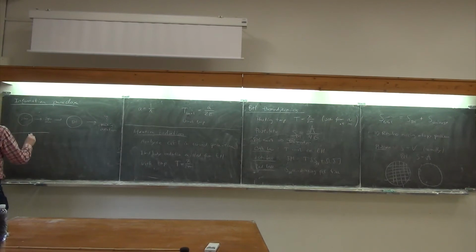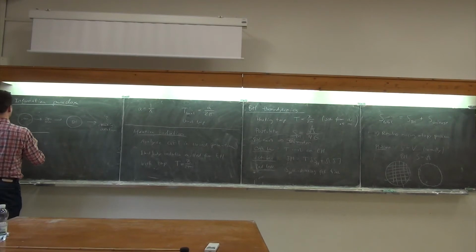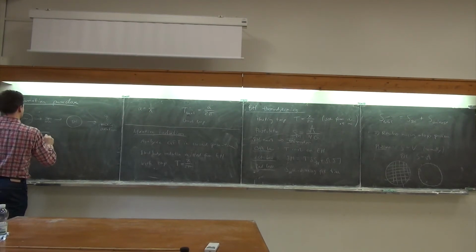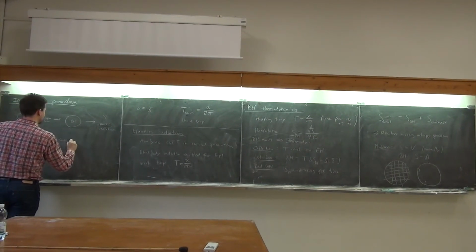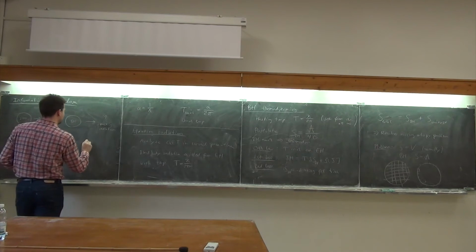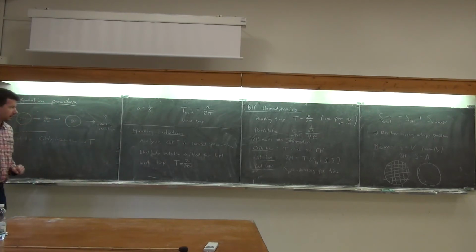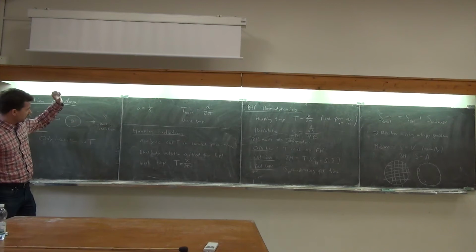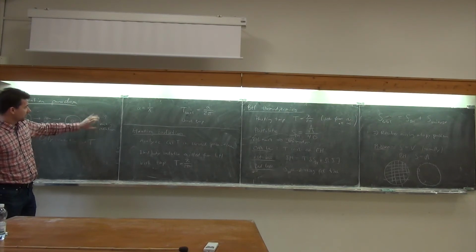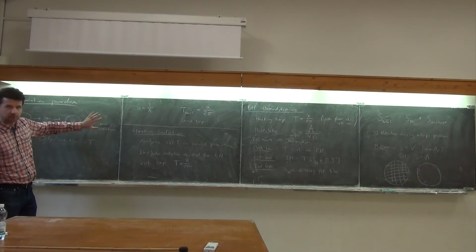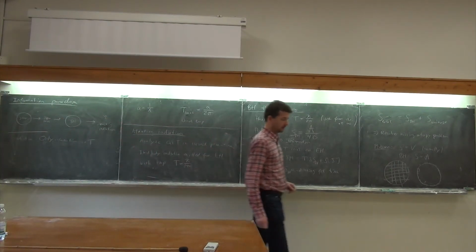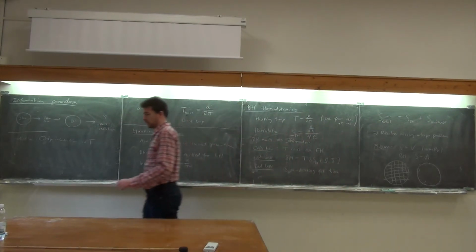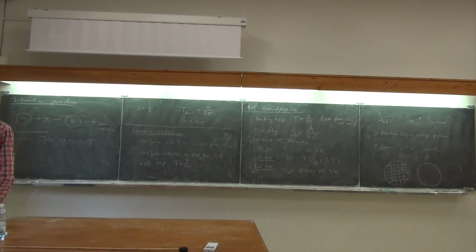For the radiation, the only information is the temperature. And you can say more accurately that this means you have something called a thermal state, which is something we describe using density matrices.